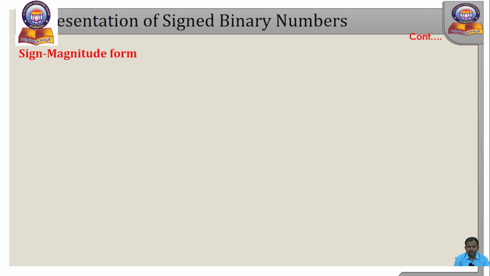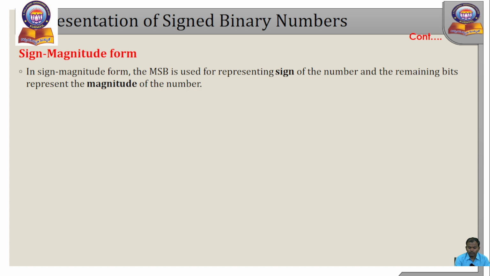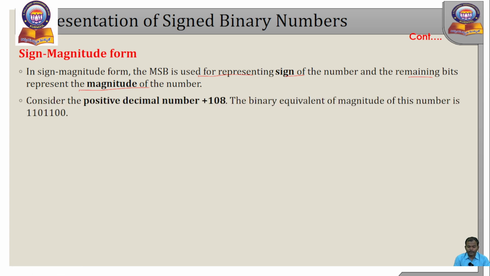In sign magnitude form, the MSB is used for representing the sign of the number, and the remaining bits represent the magnitude of the number. Consider a positive decimal number, plus 108, whose corresponding binary number is 1101100. Since it is a positive number, the sign bit is 0.